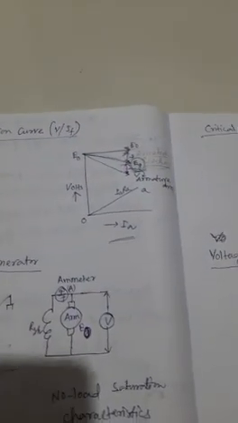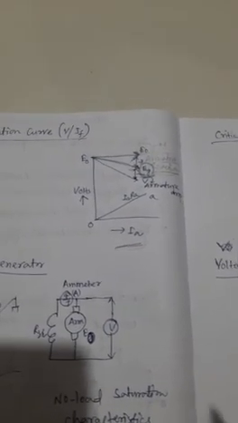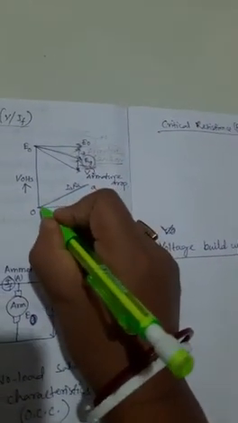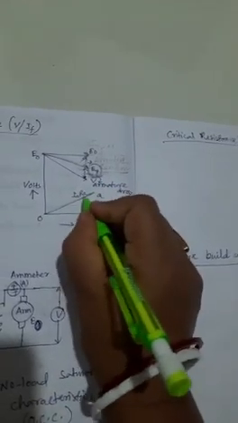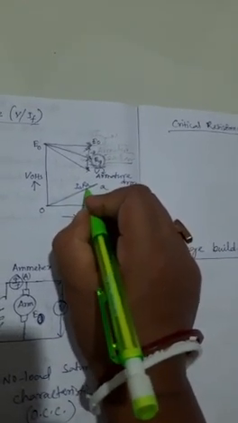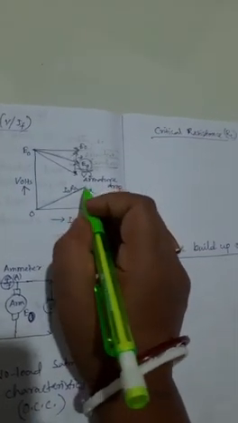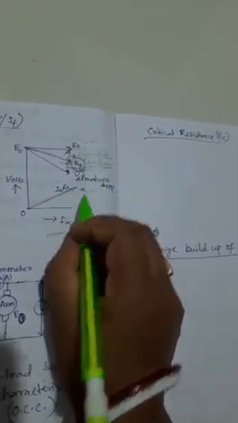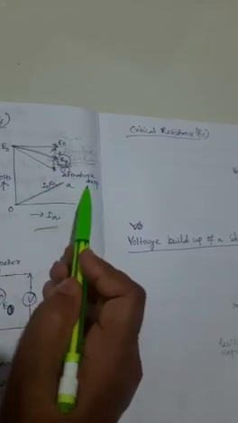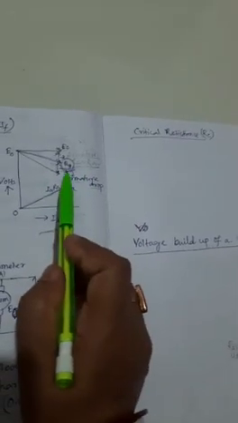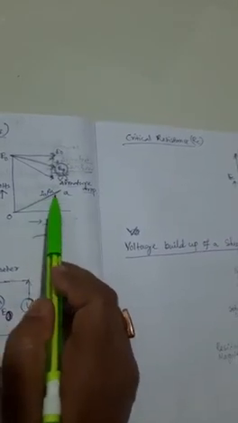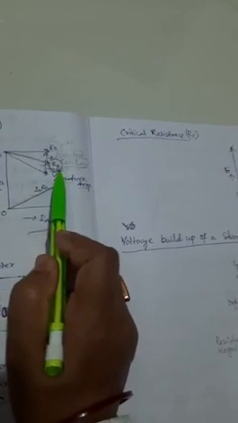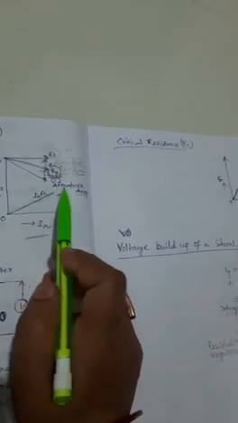The internal characteristic of a generator is IA versus Eg characteristic. Now suppose the straight line OA is the IA RA drop. If we subtract this IA RA value, the armature drop portion, from the actually induced EMF Eg, then we will get another voltage.